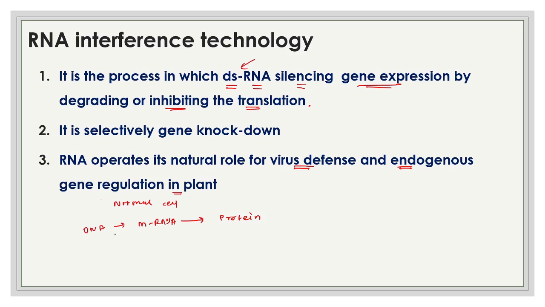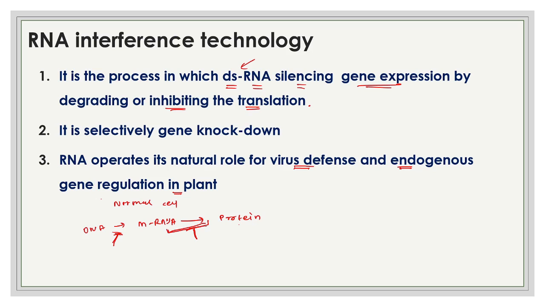So in the next cell, consider that there is a nucleus. Inside the nucleus there is DNA, and DNA is transcribed in the form of mRNA. That mRNA comes into the cytoplasm and is translated into proteins. But actually we want to inhibit that process. Okay, we are seeing post-transcriptional inhibition. So in that particular situation, we have to inhibit the post-transcriptional stage, that is the mRNA stage.